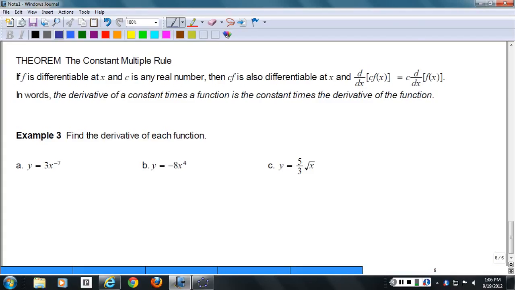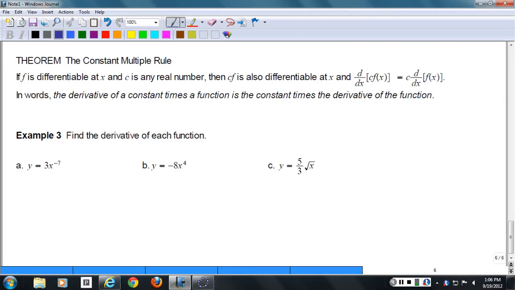So cf is going to be differentiable, and we can obtain the derivative by taking the derivative of f and multiplying it by c. Basically, the derivative of a constant times a function is equal to that constant times the derivative of the function.